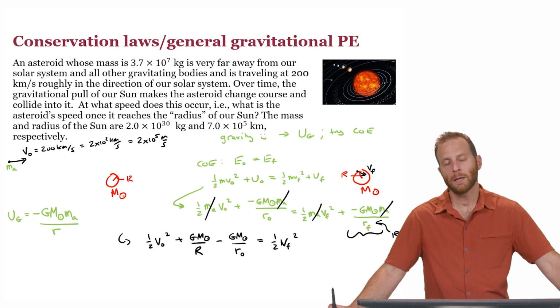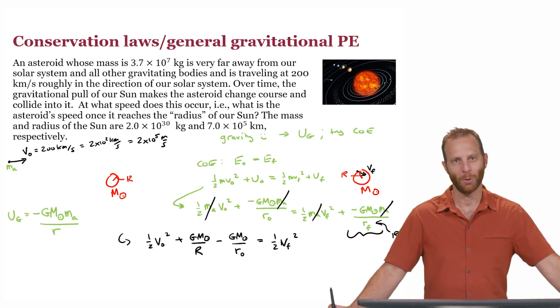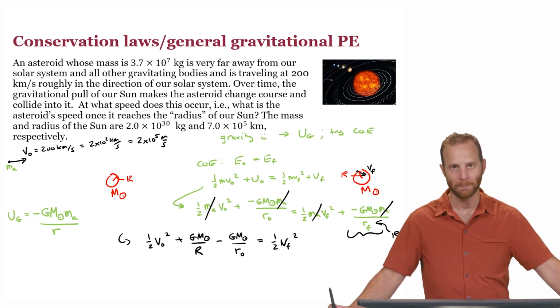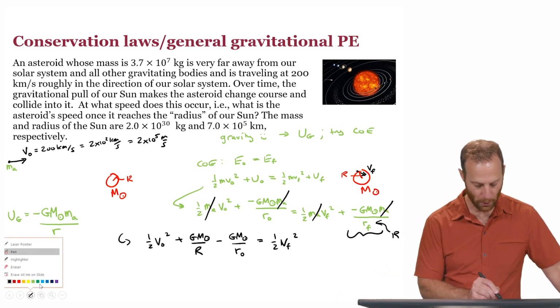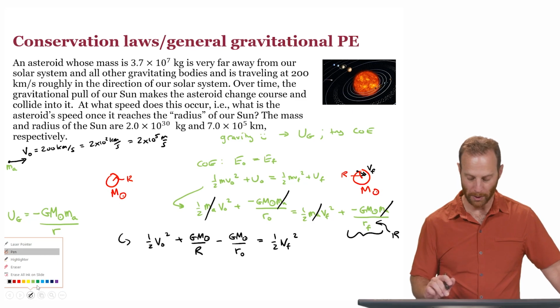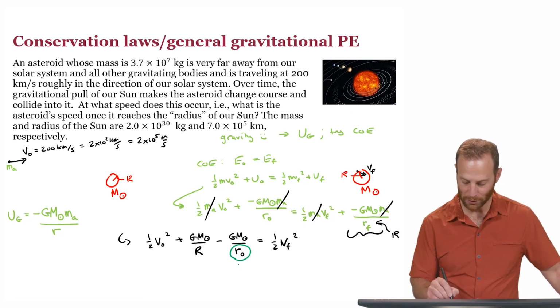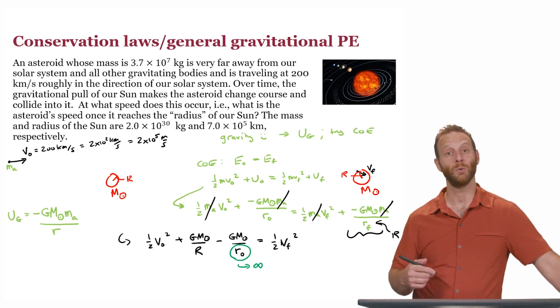Well, we're told that the asteroid starts very far away. So if you want, you could plug in a number like 1 billion meters or 1 trillion meters. In fact, pick any number you want that's sufficiently huge, and what you'll realize is that because that distance appears in the denominator, the bigger the number you pick, in other words, let this go off to essentially infinity, when you divide by infinity, you get 0.